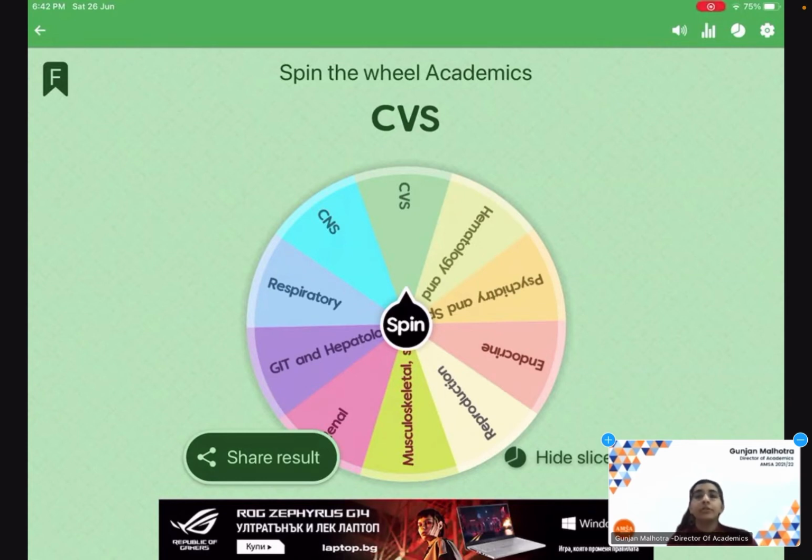Which of the following congenital heart defects causes fixed splitting of the second heart sound?